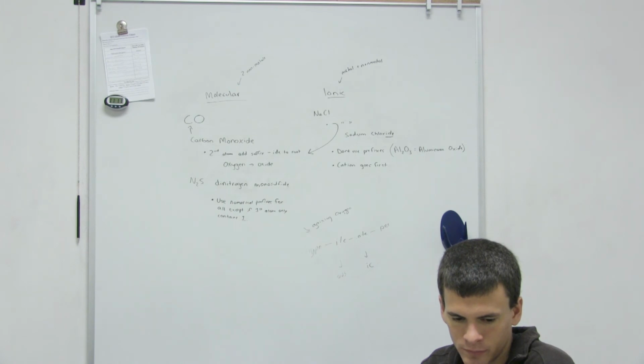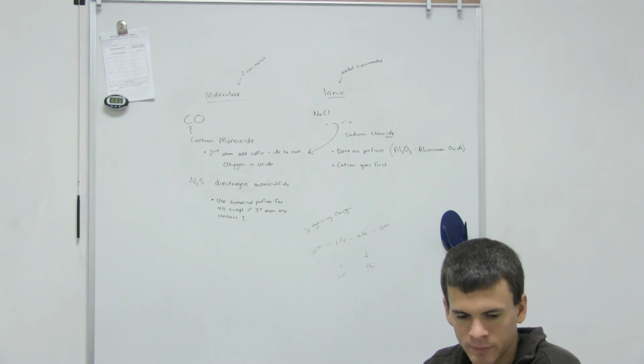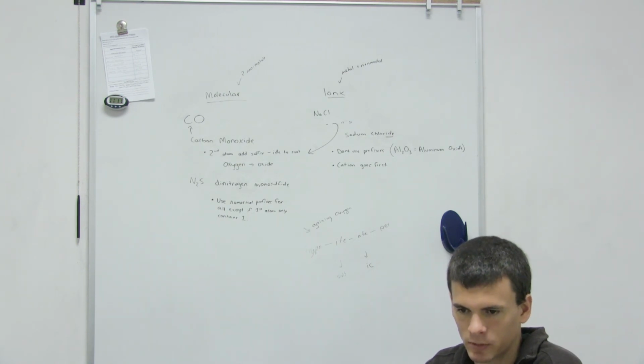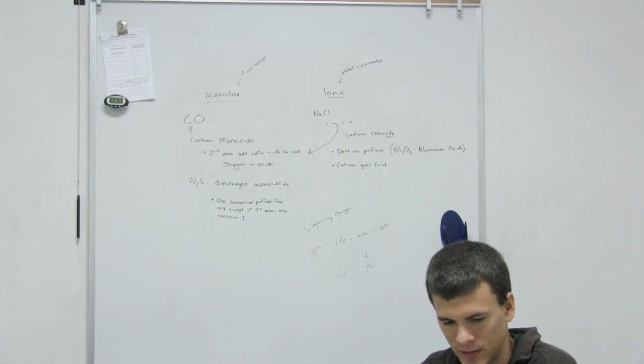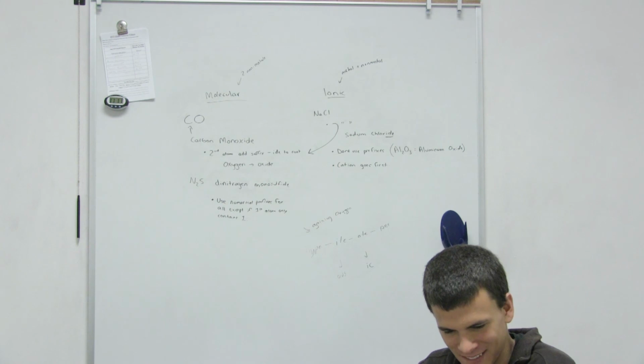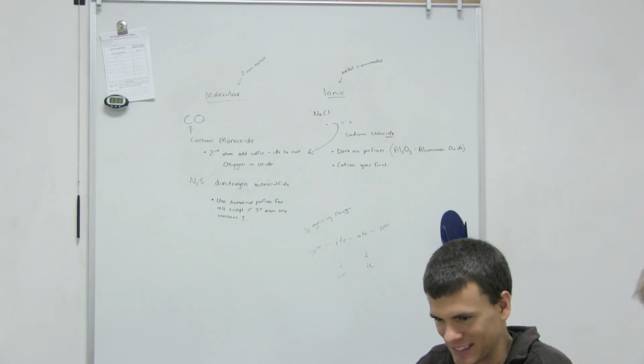So if there's oxygen, you do the hypo-ite, ate, per-ate, and if there is no oxygen, it's always an ic ending. And then if there's a hydrogen before it, it's some type of acid. So it's still an ic, all that sort of thing. So all these have oxygens, and that's why they're ous and ic. Yeah, so there's just a bunch of rules. Honestly, I don't know them all. It's all good, I'm trying to figure them out. It's a whole other language, trying to get it all down.